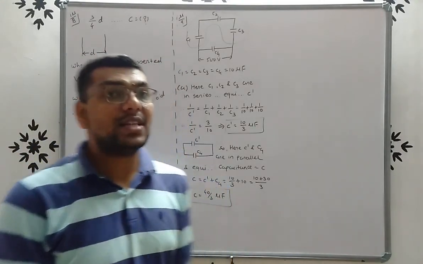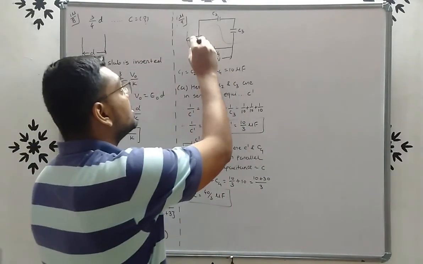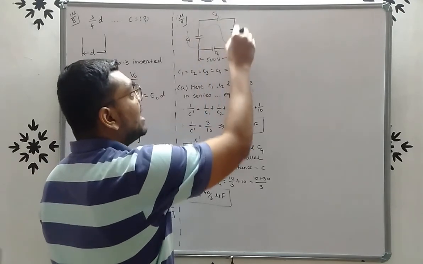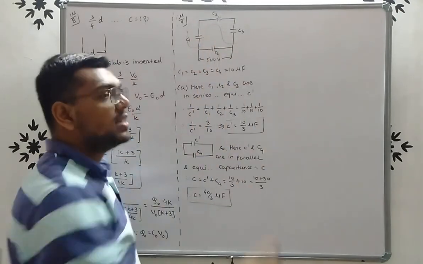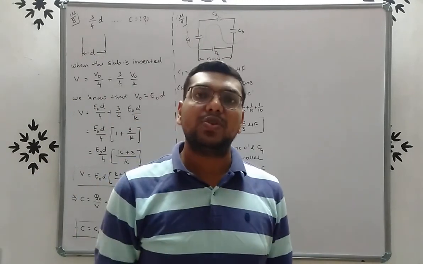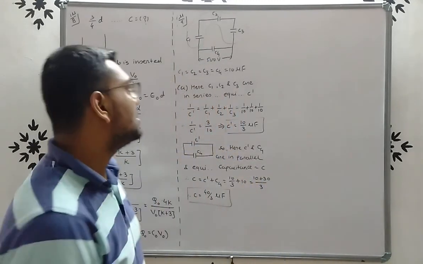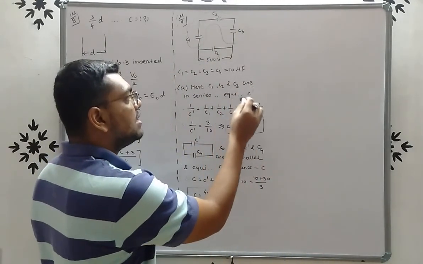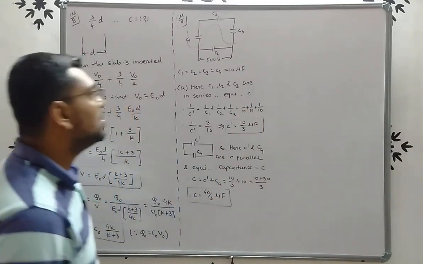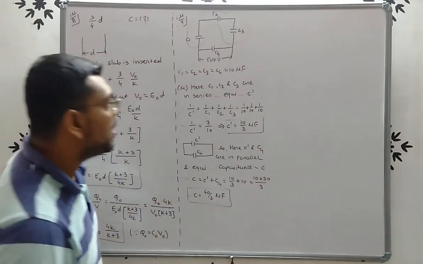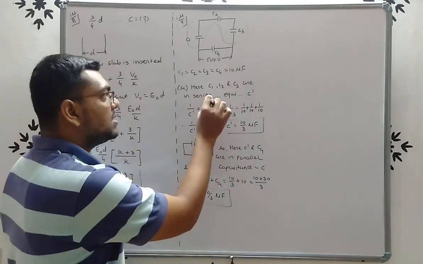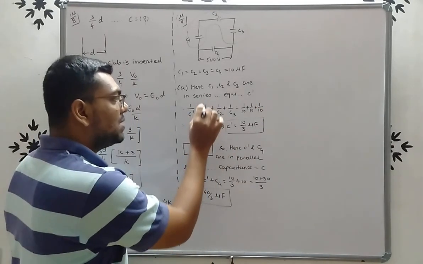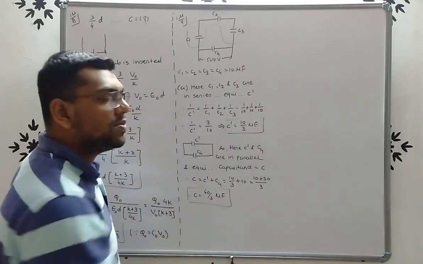Right, once again friends, here these capacitors C1, C2 and C3 are in one line. So C1, C2 and C3 are in series. Suppose the equivalent capacitance of these three capacitors is C dash. So we know the equation of equivalent capacitance for series: 1 by C dash is equal to 1 by C1 plus 1 by C2 plus 1 by C3.